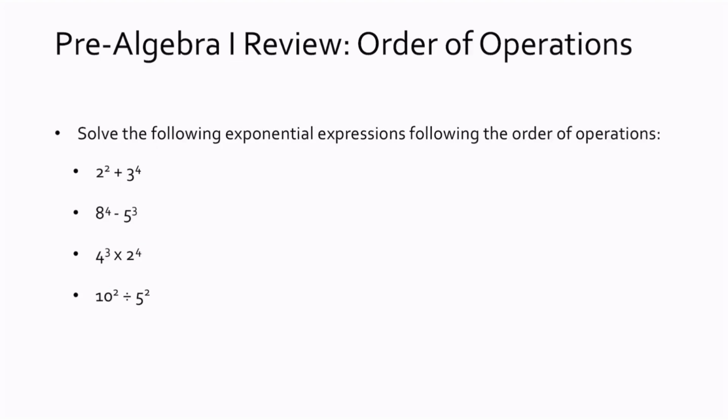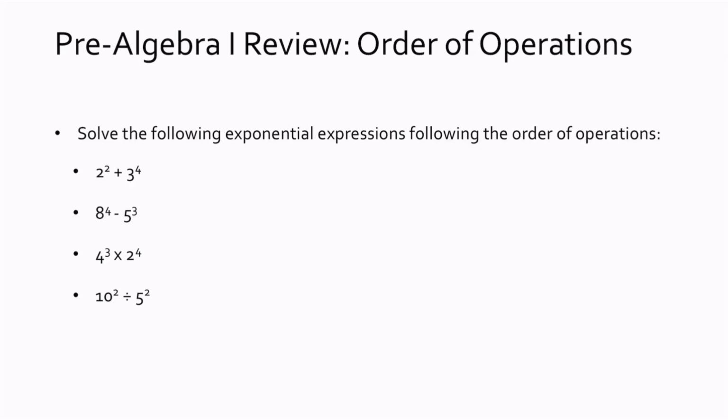All right, so with these exponential expressions, I want you to give these a try as well. Remember the order of operations here too. All right, so in the order of operations, we're doing those exponents first before we do anything else.